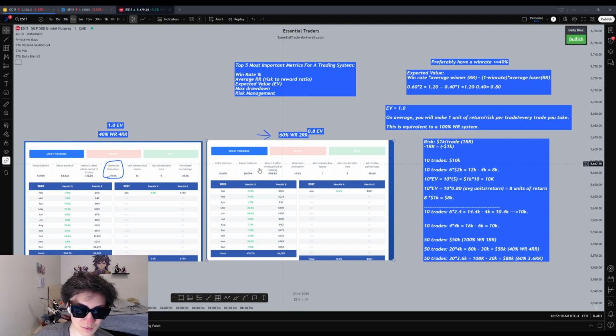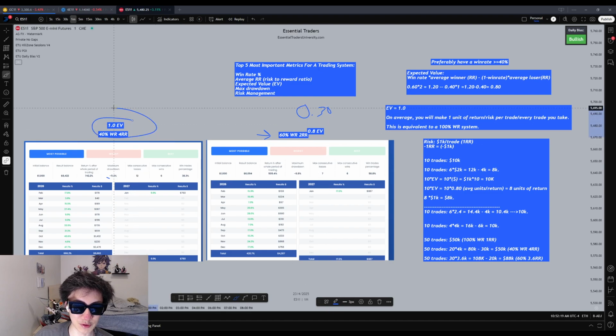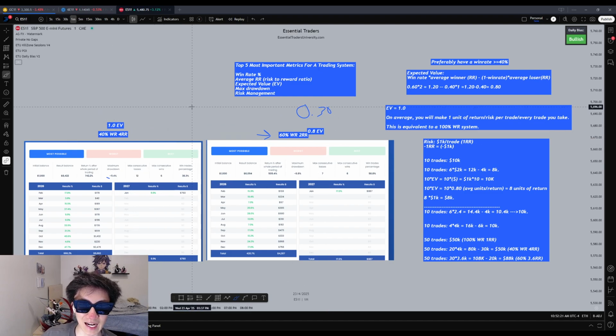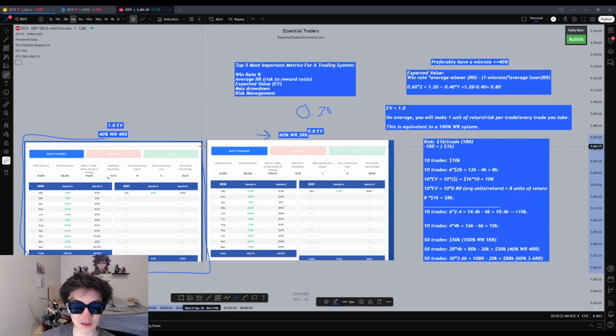But if, for example, this system here has a 0.30 expected value versus a 1.0, then in this case I would suggest trying to adapt your psychology, or just become mentally stronger, man, and trade this system, because that's a bit more than 3 times difference in raw performance, and that's a huge difference.